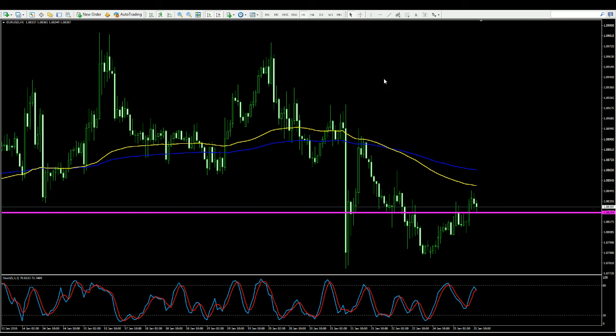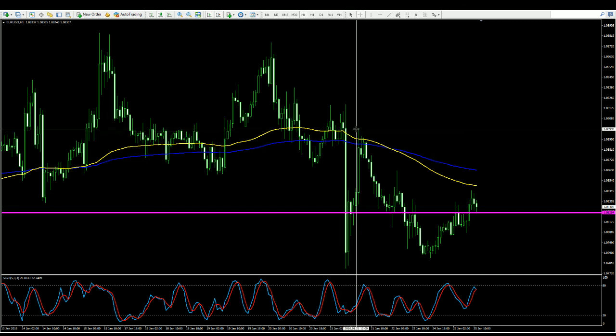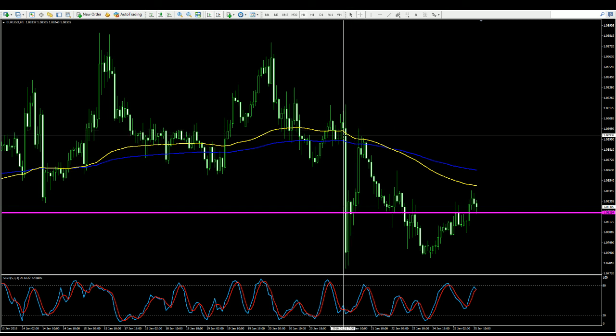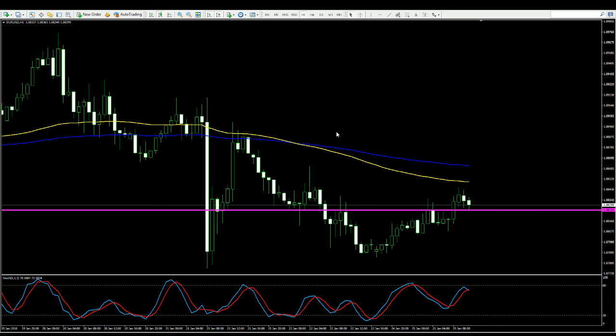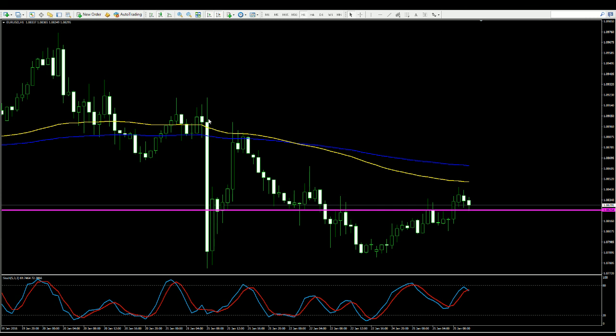So here's an example. This was a Euro USD news that came out the 21st of January, just last week, and see what happened. This is the hourly time frame.